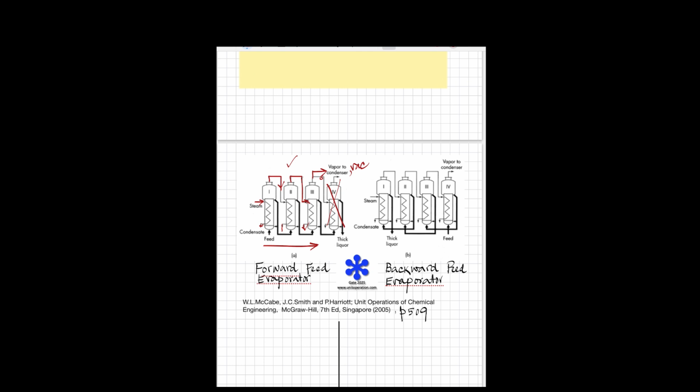So, the liquid from the first evaporator goes here, and from the second evaporator goes as a feed to the third evaporator, and this as the final product comes out. And of course, the temperature is highest here, and the pressure is also highest.